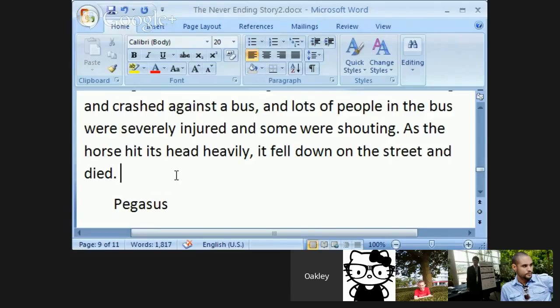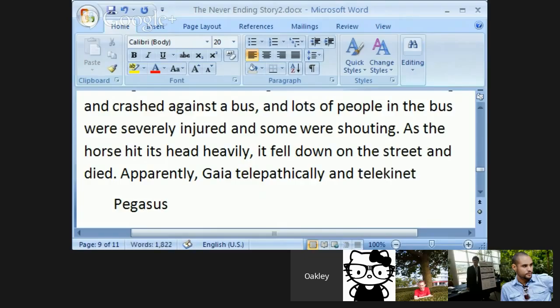Great, Demas. Apparently, Gaia telepathically and telekinetically control the enormous golden flying horse. You're challenging my spelling abilities here. Telekinetically. Okay.